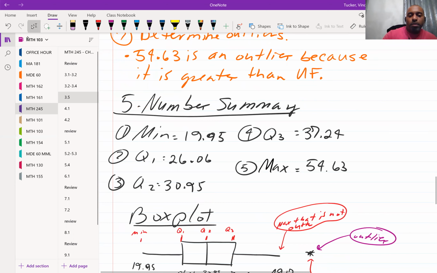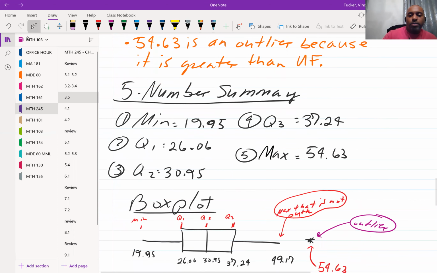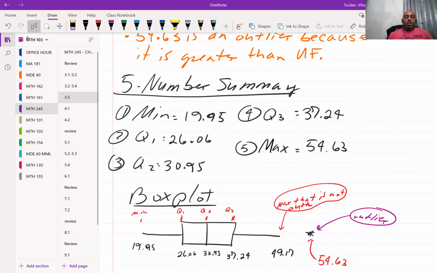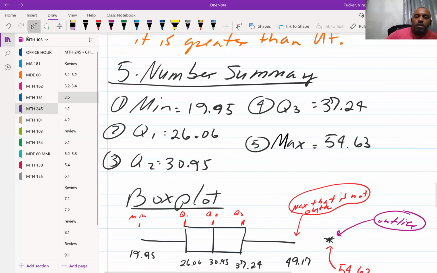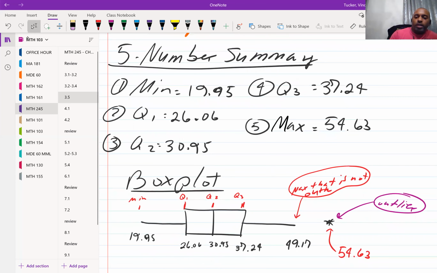And then your box plot will use those same values in this fashion. Let me see if I can magnify. But when it comes to your box plot extending out to an outlier, it will not do so, because in your box plot, your whisker is going to extend out to the largest and smallest values that are not outliers.